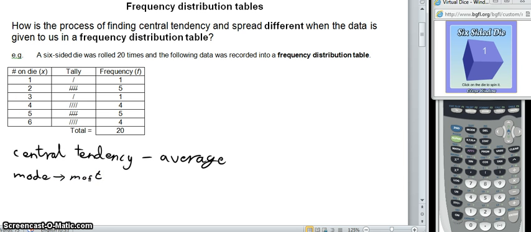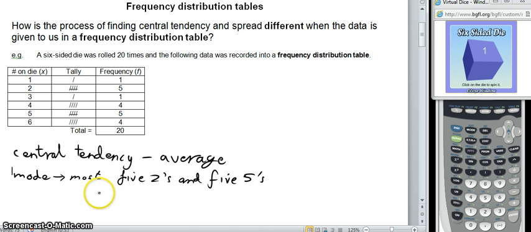Well, this actually doesn't tell us much, because there's 5 2s and there's 5 5s.